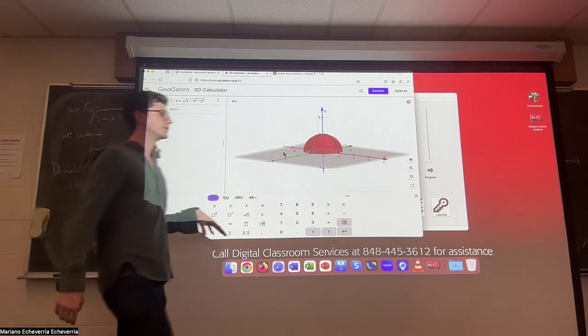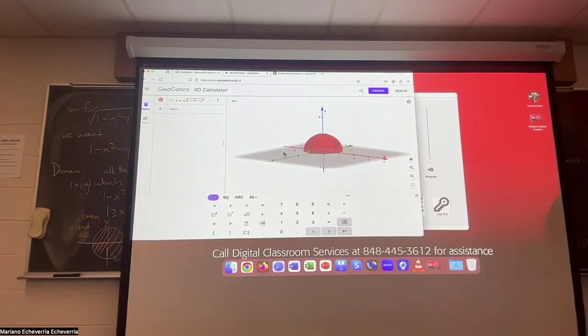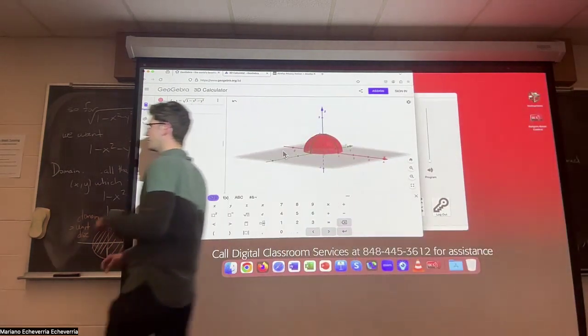So it really all boils down to, as you'll see, that to find the domain in general we'll get some inequalities, and it all boils down to drawing those inequalities. So that's what I'm about to write for you now.